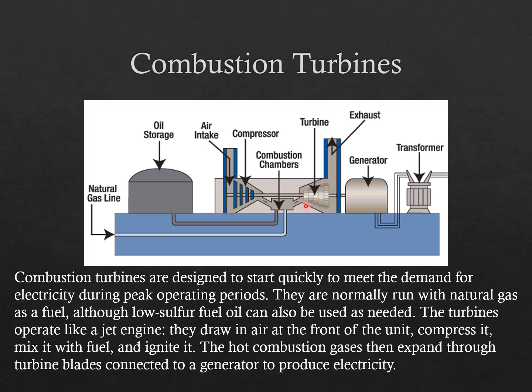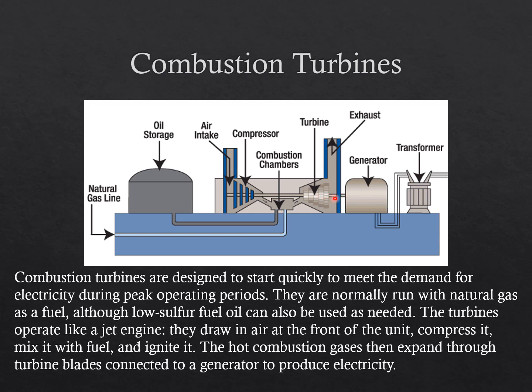Then we're going to ignite it. So when you ignite it, your turbine is going to start. And we call it the hot combustion gases. Right there, it's happening inside of this chamber. And they're going to expand through these turbine blades. So when you take a look at the system, you see these blades or turbines are connected to the generator right there.